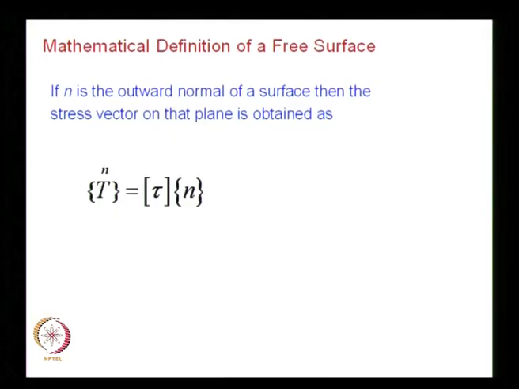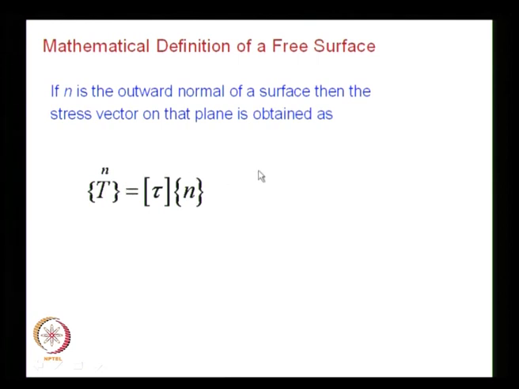What you have here is Tn equal to tau into n, where n is the direction cosine vector, tau is the stress tensor at the point of interest, and Tn is the stress vector acting on plane n. The plane is defined by the outward normal.